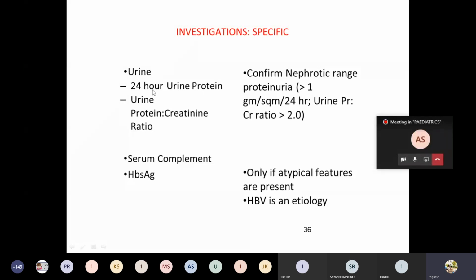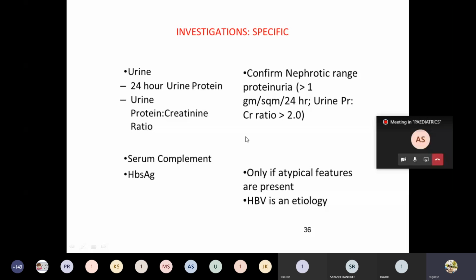So you should remember, in nephrotic syndrome, these are the special investigations. These are more specific: 24 hours urine protein more than 1 gram per square meter area for 24 hours, or 3.5 gram per 24 hours. Protein creatinine ratio more than 2.